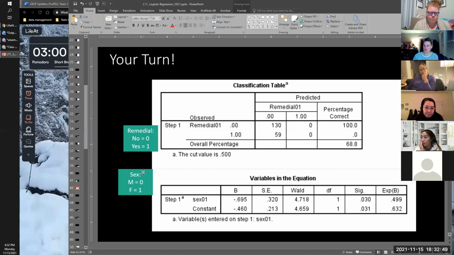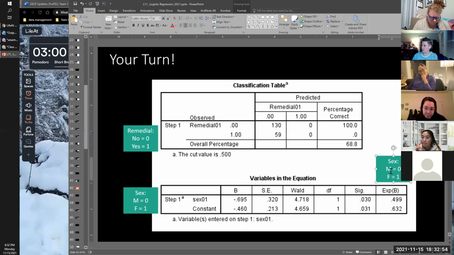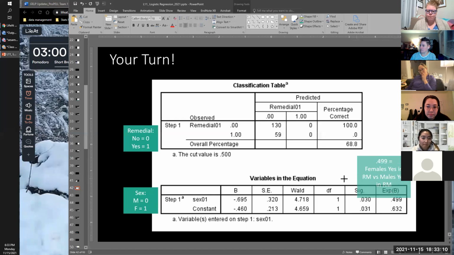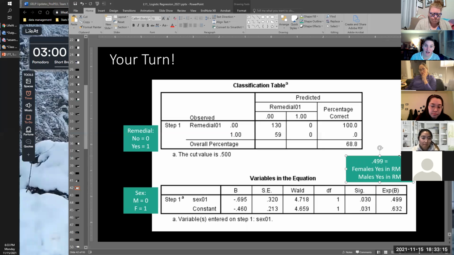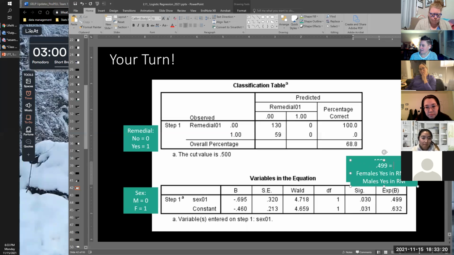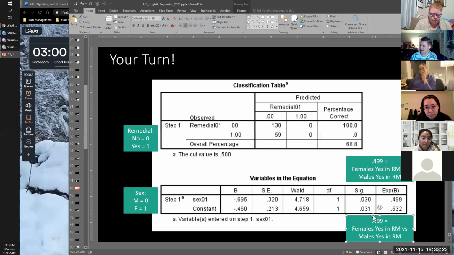So you said that the 0.499 means that females are 0.499 more likely than males to be in remedial, and then the 0.63 is males are 0.63 more likely to be in remedial than other males not in remedial. They're not in remedial. Okay. And are they both compared to overall?